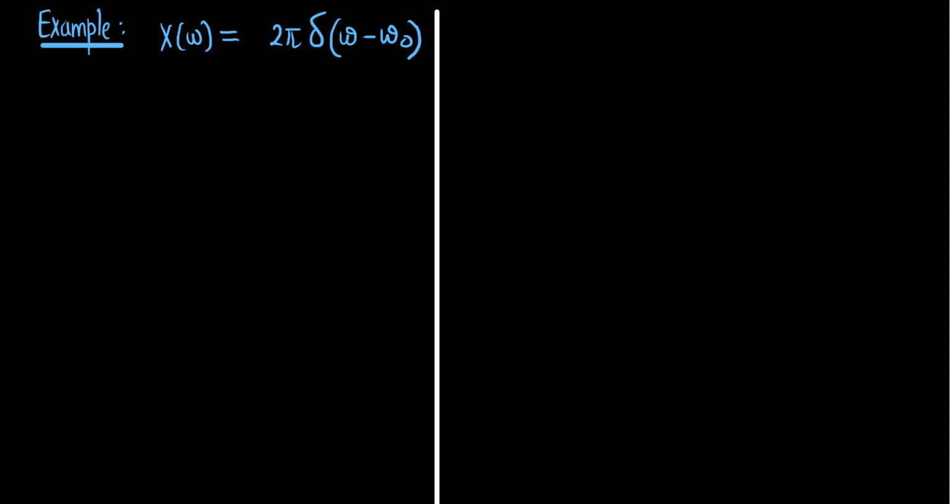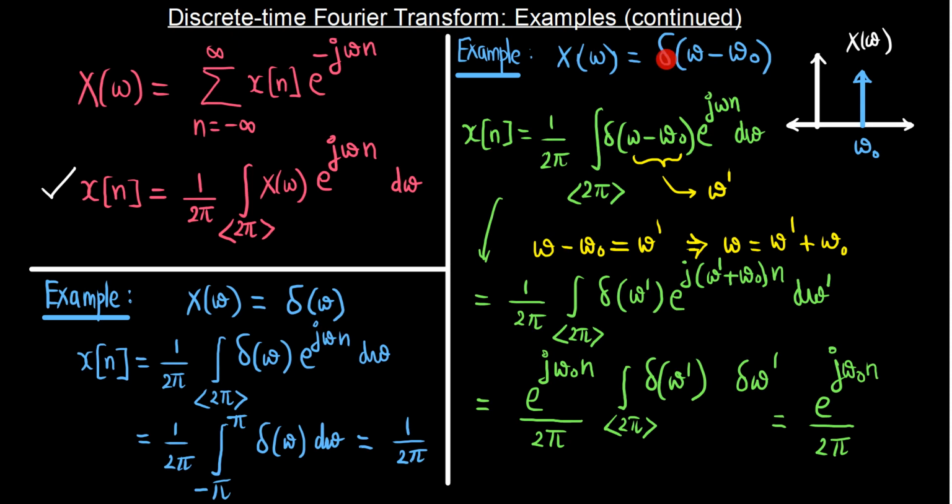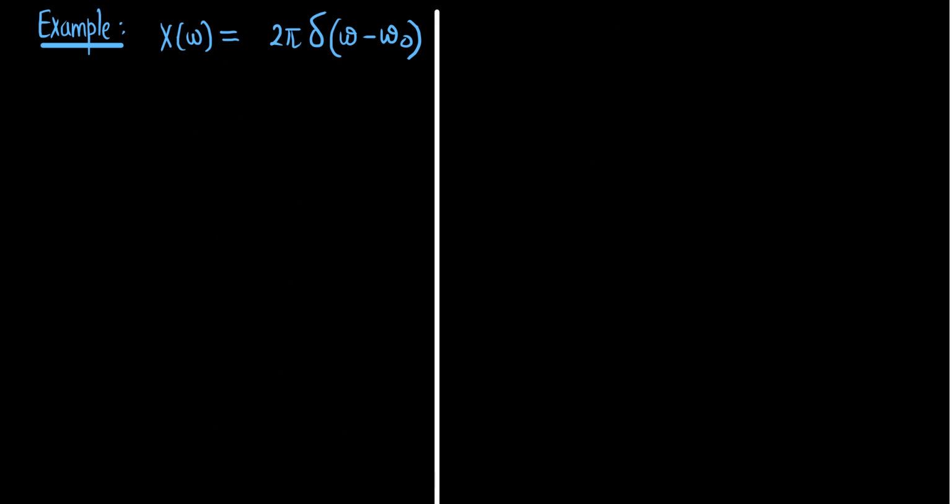Now we know what is the inverse Fourier transform of del of omega minus omega naught. We have just calculated that. The inverse Fourier transform, that means x of n, for this expression is going to be 1 upon 2 pi times e power j omega naught n. Therefore, if we simply scale this by a factor of 2 pi, so 2 pi will appear everywhere in this equation, and that 2 pi is going to get cancelled with this 2 pi in the denominator. So what we are going to get is x of n is going to be e power j omega naught n.